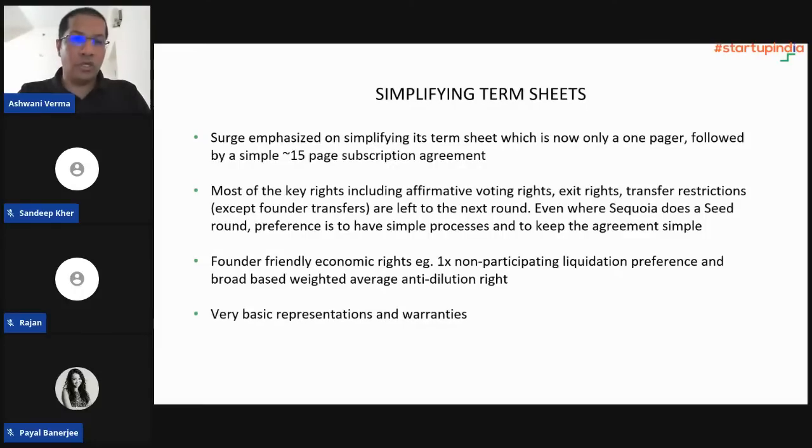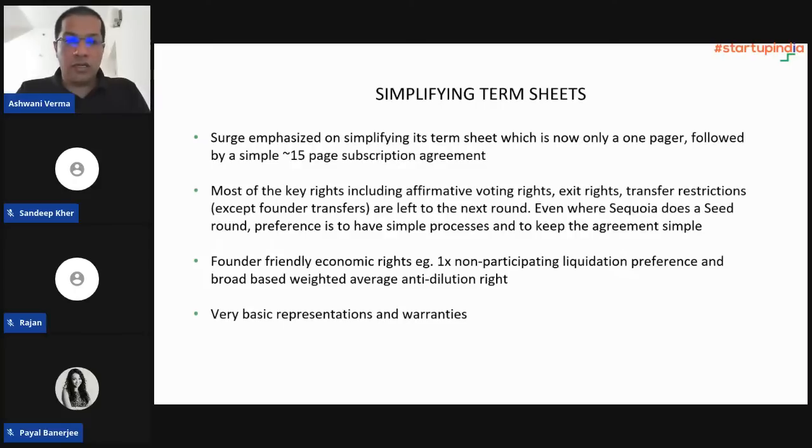Similarly, the share subscription agreement which we sign for Surge transactions is a simple 15-pager instead of the lengthy 50 to 100-page documents which are common at seed stages, or definitely at Series A or Series B stage. The idea is definitely to keep the process simple and company friendly.